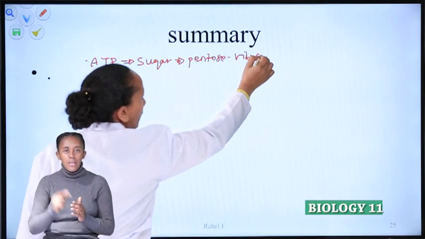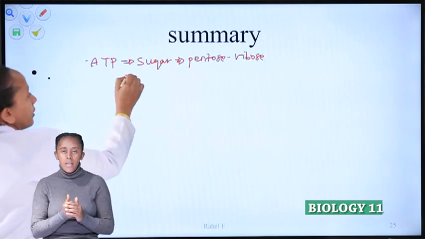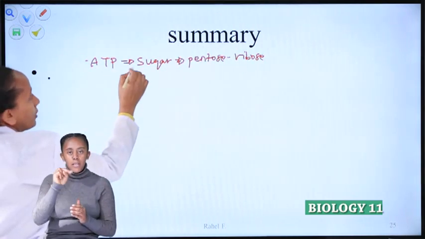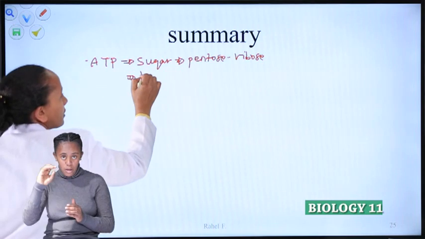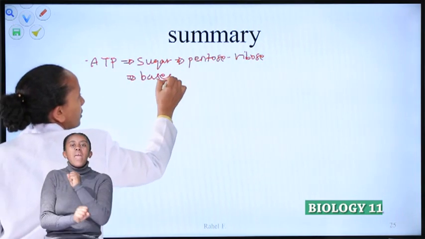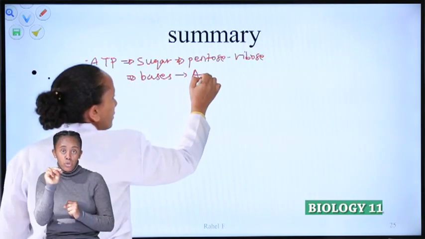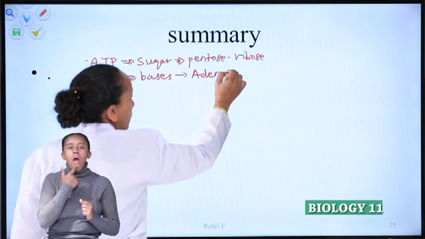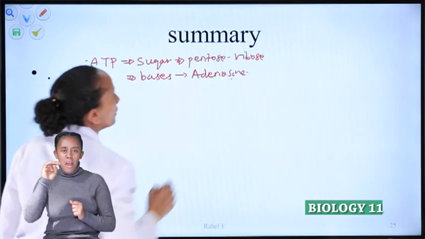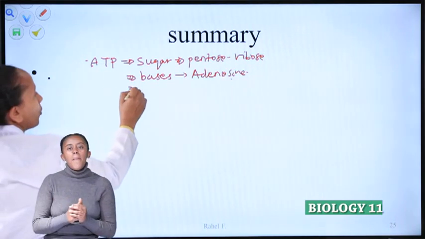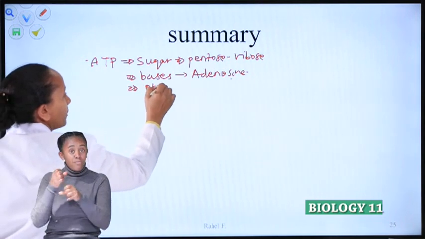And as a nucleotide, ATP contains a nitrogenous base, which is adenine. The third component is phosphate.